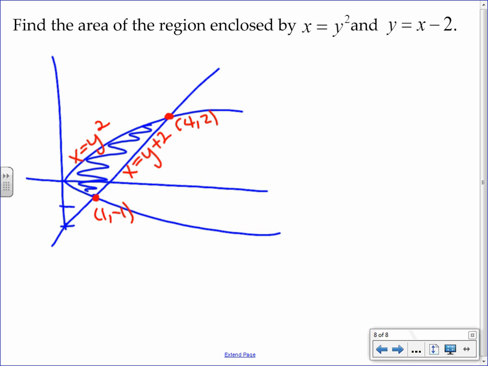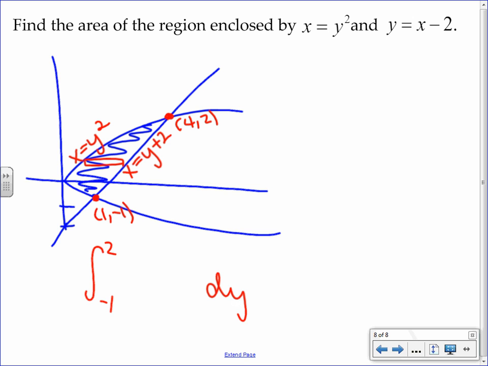So to define the area now, our limits of integration, we're talking about right to left, so our rectangles are horizontal with thickness dy. So our y values for our limits of integration are going to be what? -1, 2.